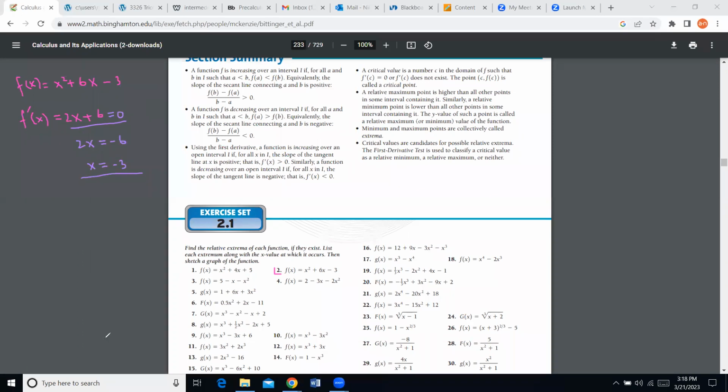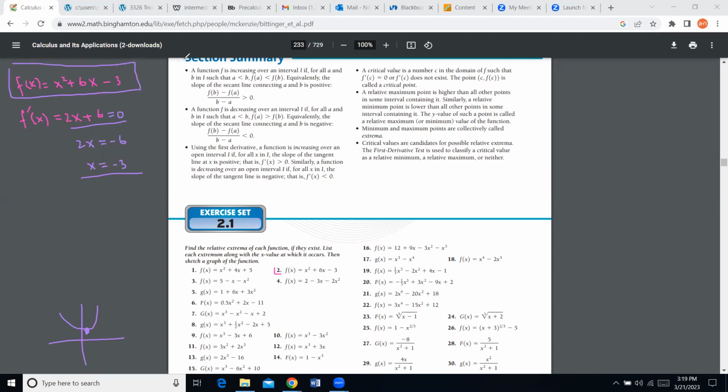Please notice that the graph will be a parabola that opens upwards, right? What I need is to find the lowest point on this parabola, and I need to get its y coordinate. To get the y coordinate, I need to plug this into my original function.